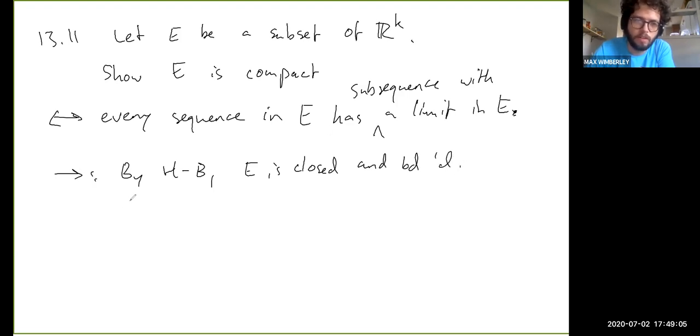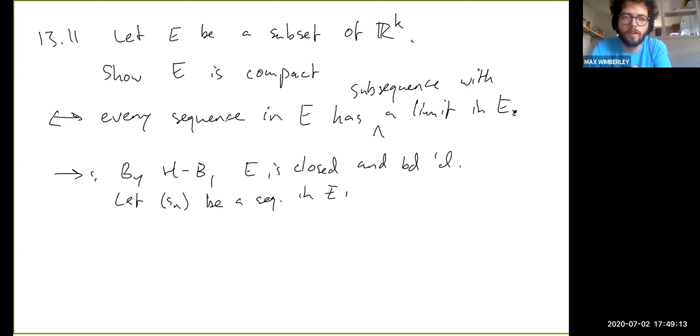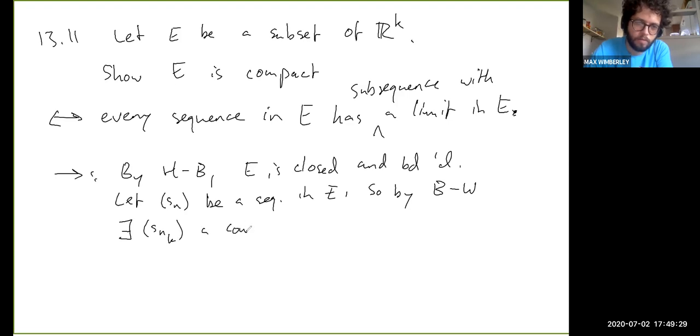Let Sn be a sequence in E. First of all, you have to get a convergent subsequence in the first place, and that comes from the Bolzano-Weierstrass theorem, because the original sequence Sn might not converge at all, right?